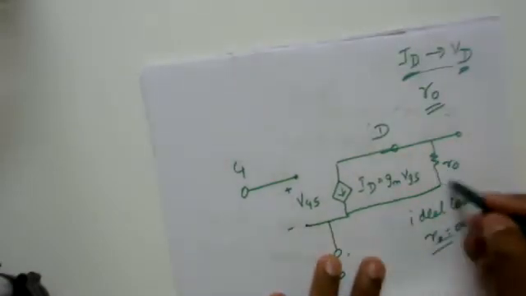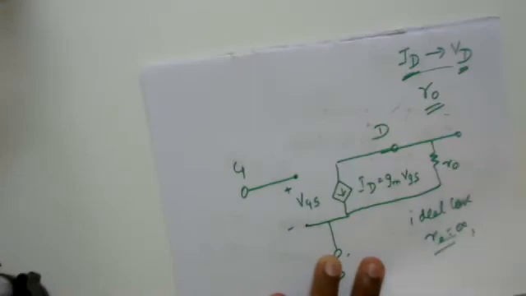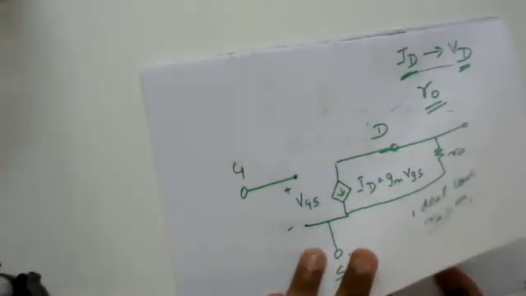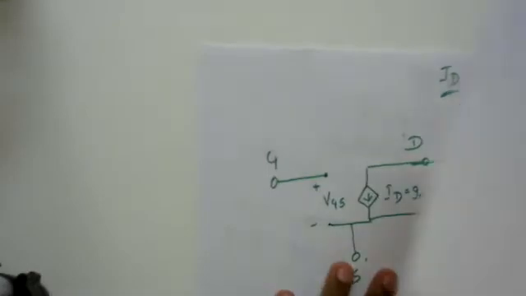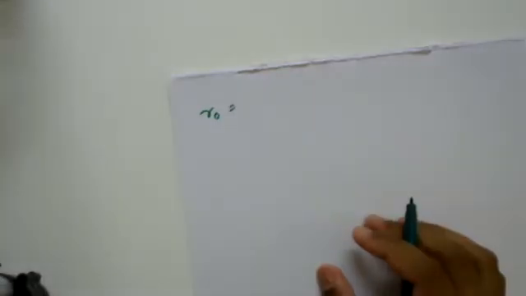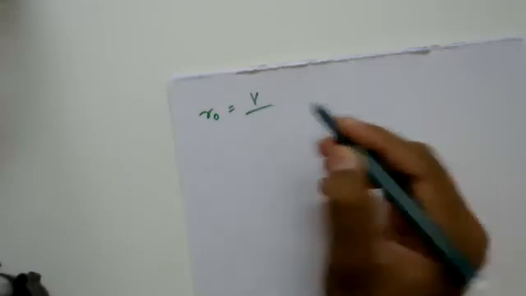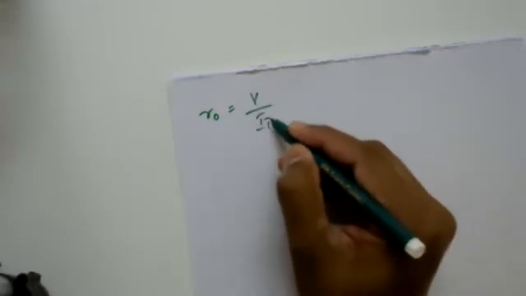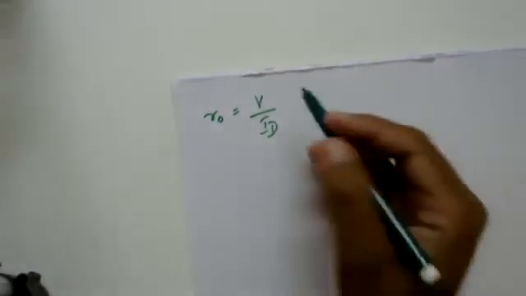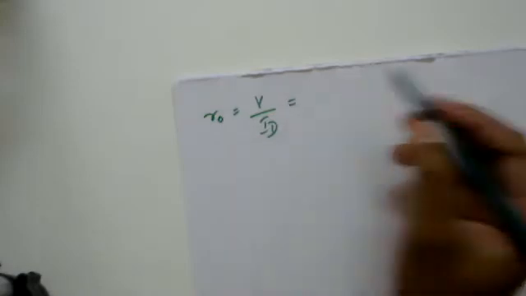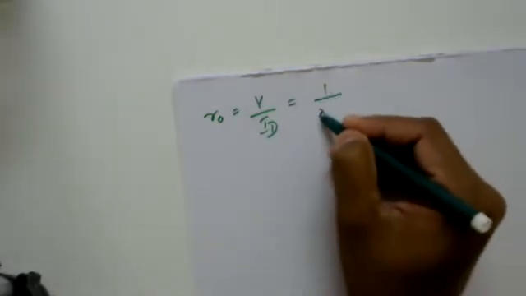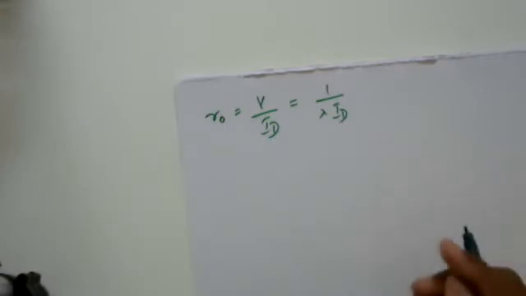Now that I'm having my drain current through this parallel resistance, I need to get some equations that justify its presence. Then I can write R0 is equal to the voltage V divided by ID. Now this voltage V can be defined as 1 by lambda, into ID.